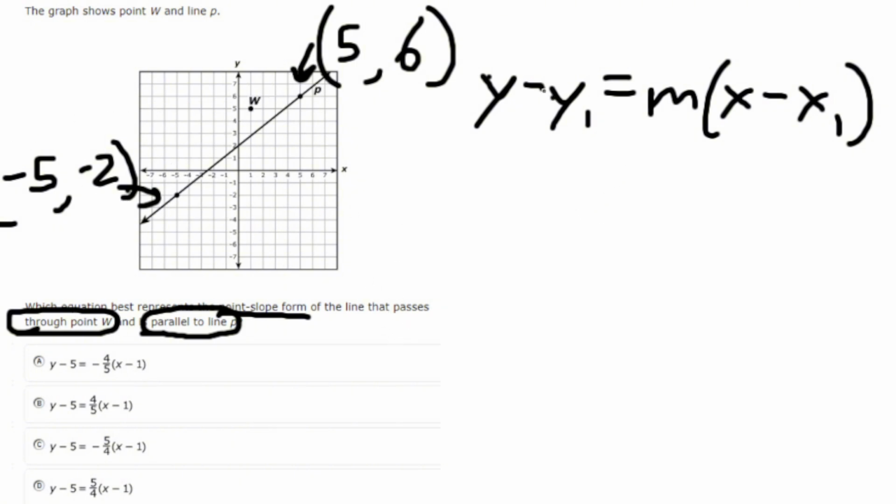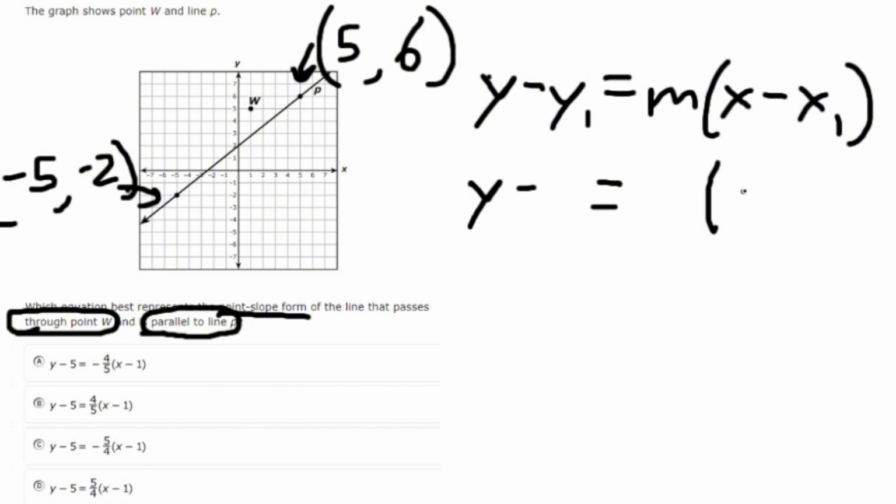The only thing that's required is that we replace these values that we have in the point slope form. So we can already start replacing some of them. We're going to keep y. We're going to keep a lot of things. We're going to keep this minus. We're going to keep the fact that we have parentheses.